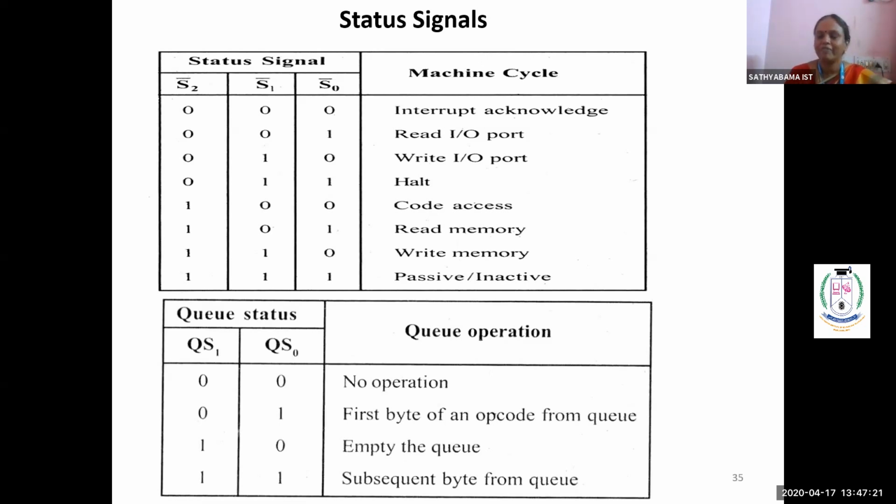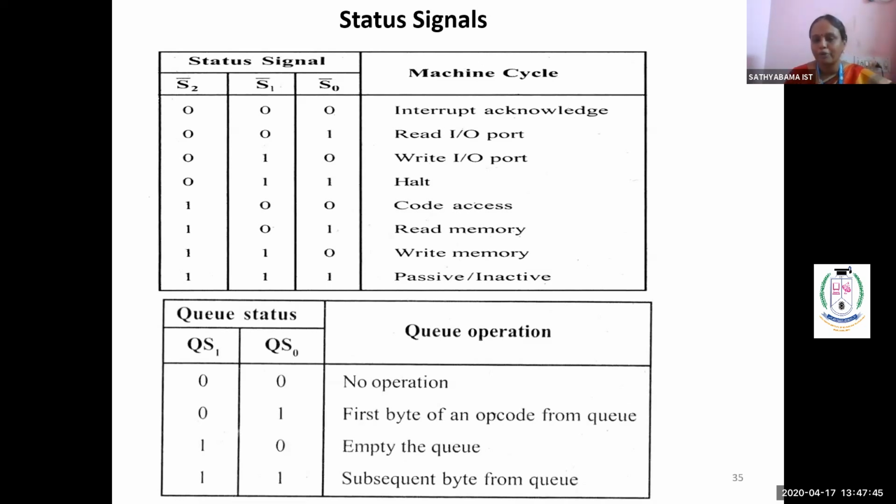While the first instruction goes to execution, the second instruction goes to the decode stage. So fetching, decoding and execution are done in parallel. But with the 8085, it first fetches, then decodes, then executes, and only after completing this does it go for the next instruction. Here it is a parallel operation. That's why they have taken the queue status.